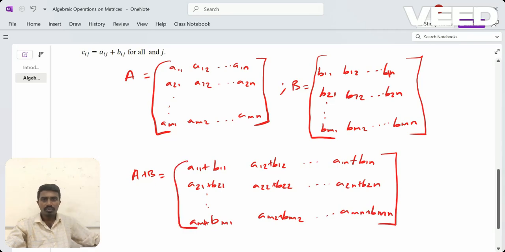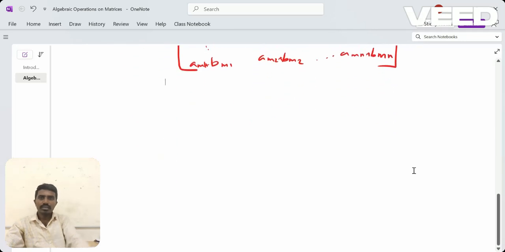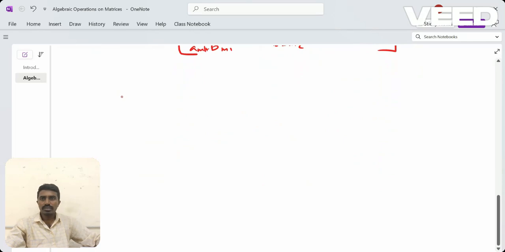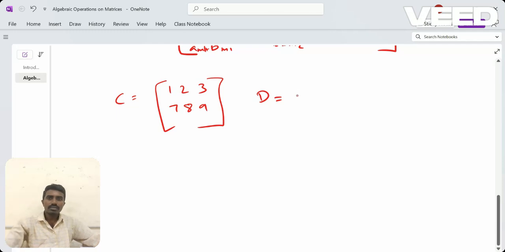For example, more precisely, consider two matrices with numbers, C equal to 1, 2, 3, 7, 8, 9, and D is another matrix, D equal to 4, 5, 6, 3, 2, 1.